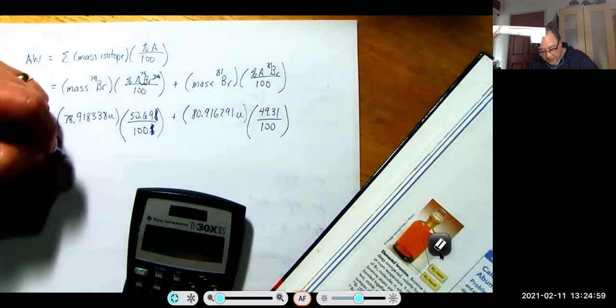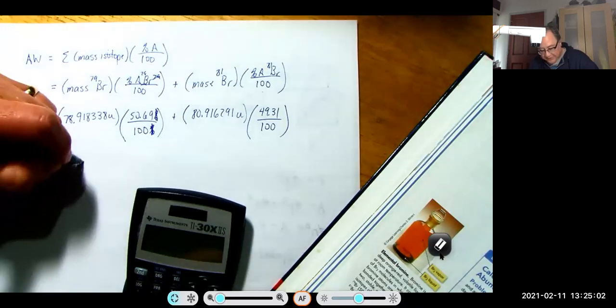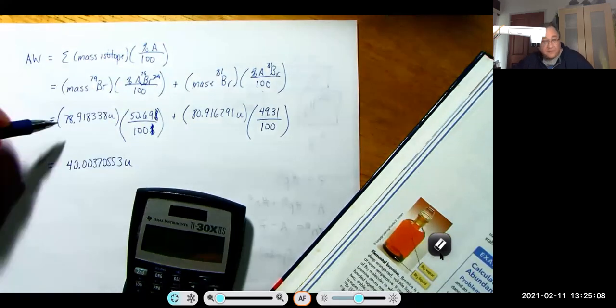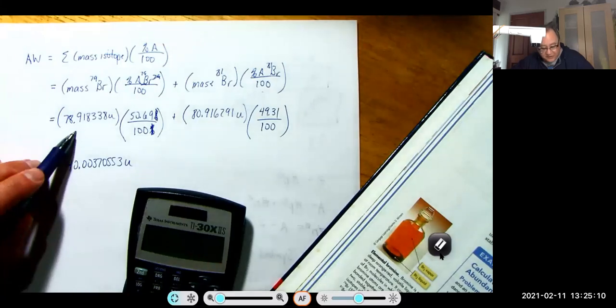On second try, I get 40.00370553 U. Now this has a whole bunch of significant figures, but 50.69 only has 4.